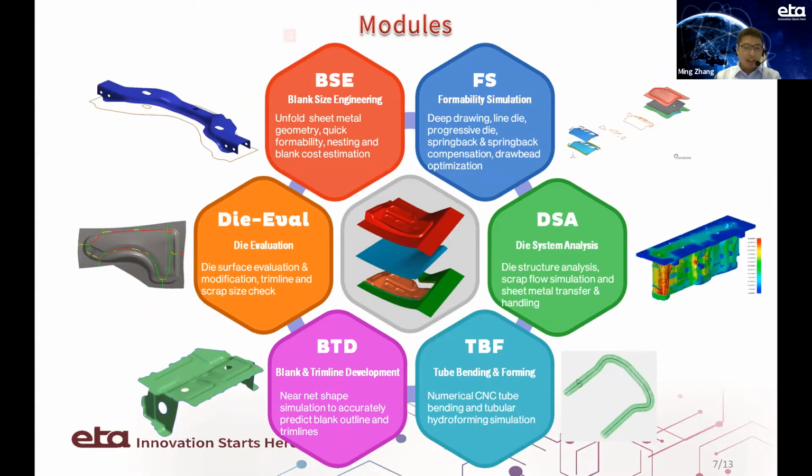Die Evaluation is utilized to quickly evaluate draw die design, trim line, and also the scrap size. For die structure, scrap flow, and sheet metal transfer, the Die System Analysis module can be employed to investigate various die system related problems such as die structure fatigue, scrap blockage, and interference during the sheet metal transfer process.